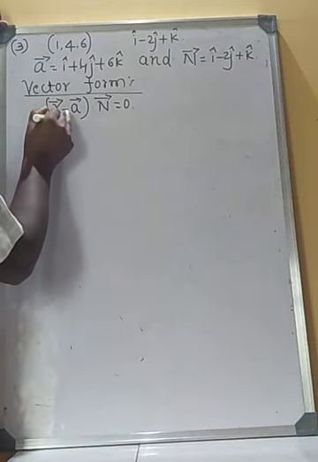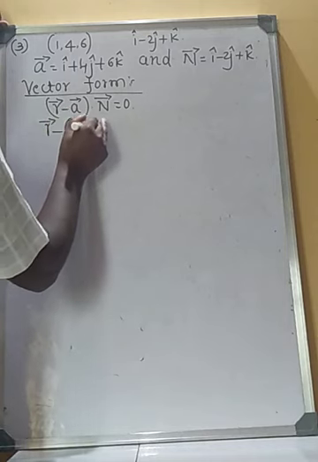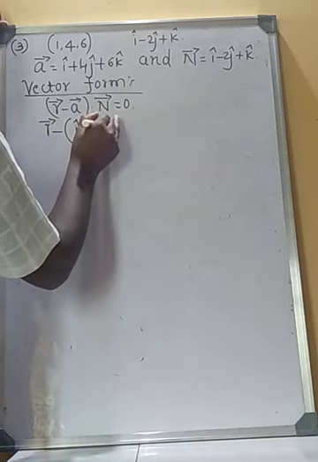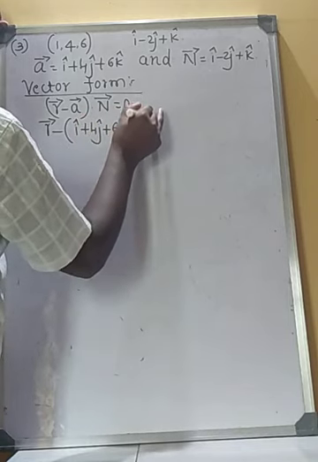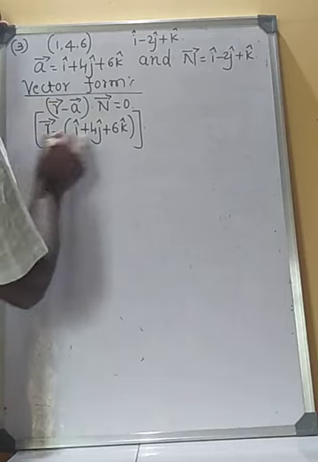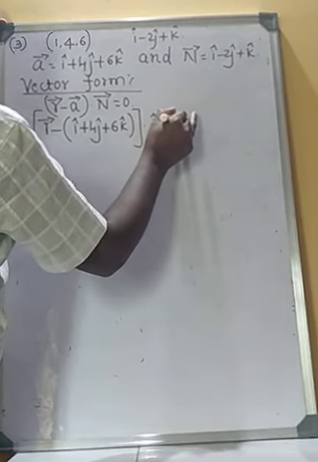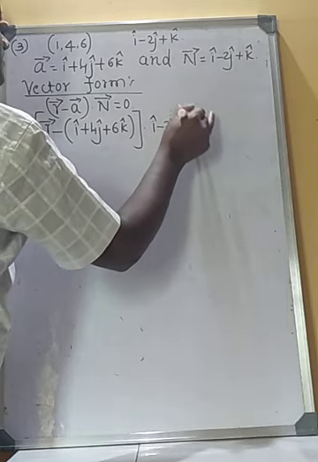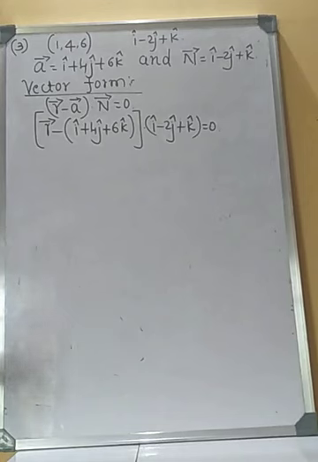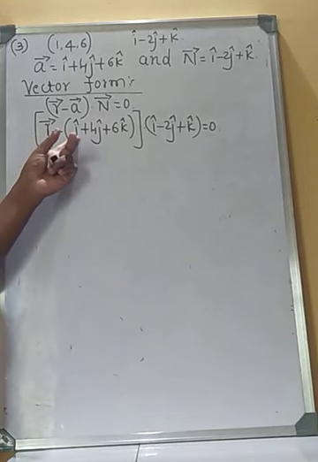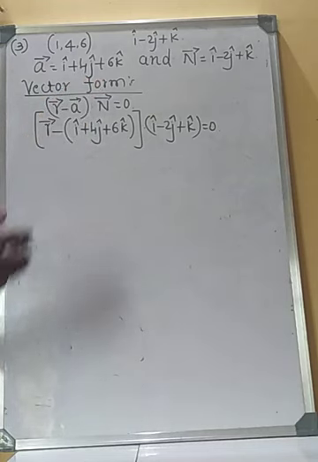Vector r, write as it is, minus vector a, i plus 4j plus 6k, dot n vector, i minus 2j plus k, equal to 0. So this is the vector form of equation of a plane.